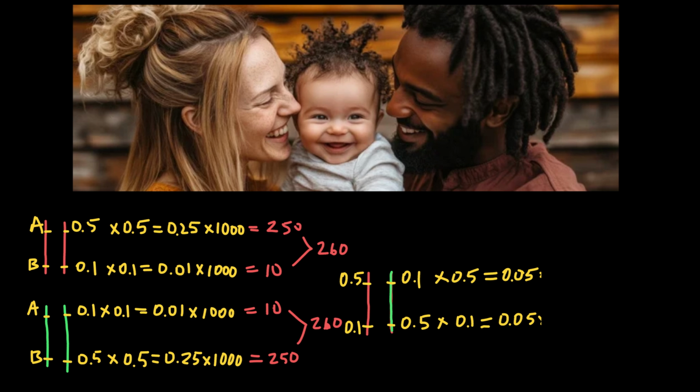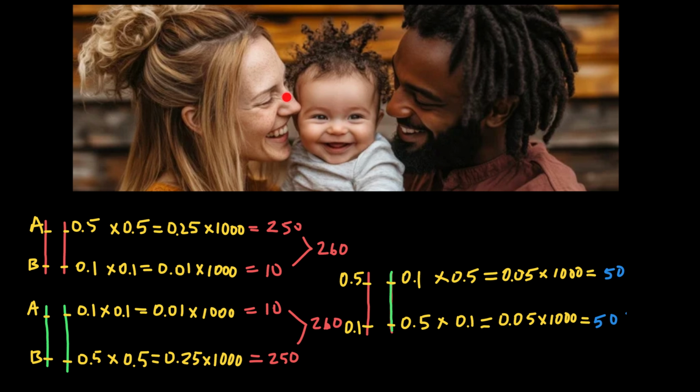So we multiplied 0.5 by 0.1, and we get 0.05. And 0.1 we multiply by 0.5 here, and again we get 0.05. And again, because we are talking here about populations, we have to multiply by 1,000. And here are our new numbers.